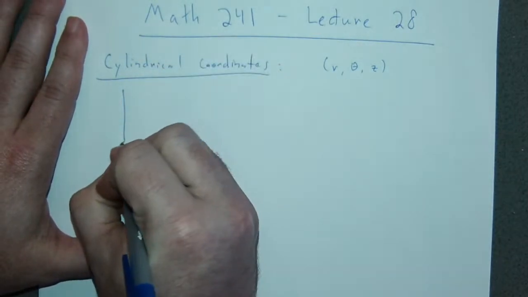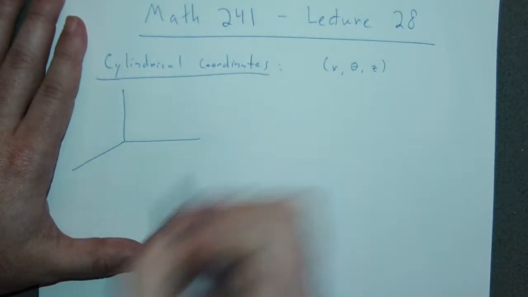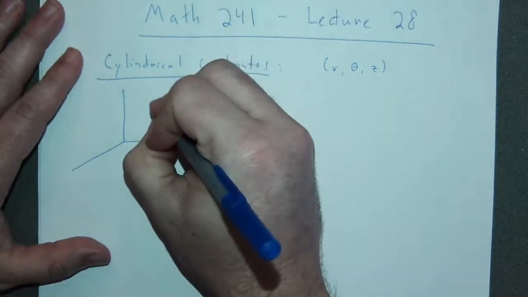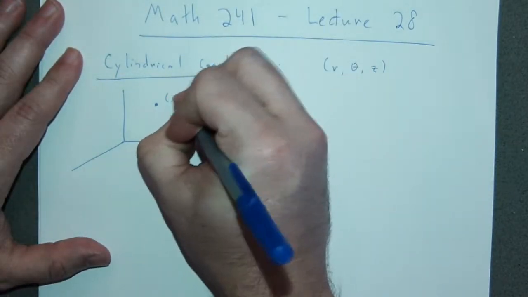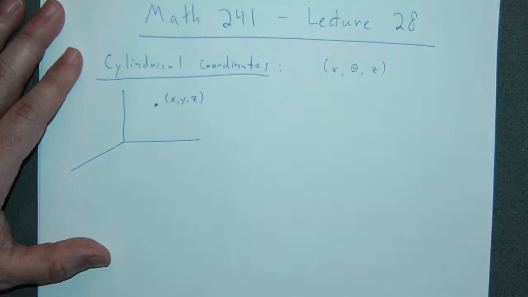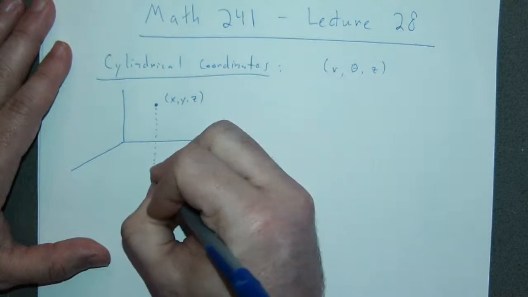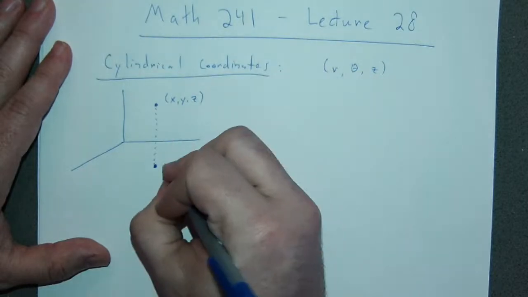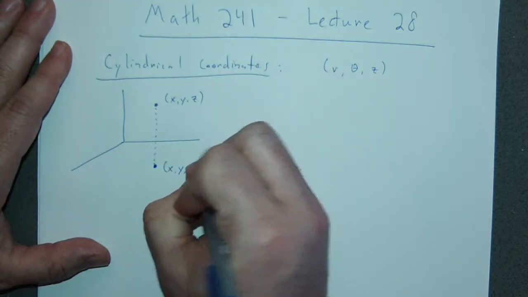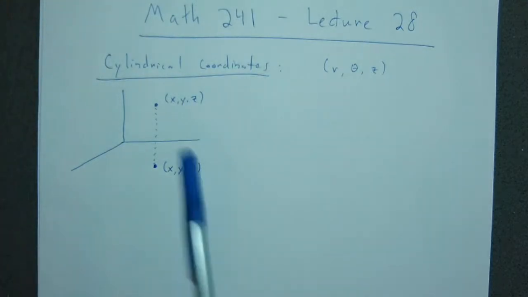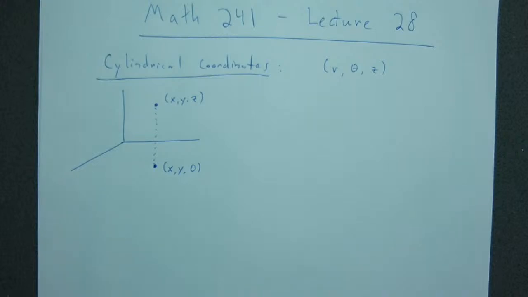maybe I'll replicate it real quick. To describe a point xyz in space, we project this point down to the corresponding point xy0 on the xy plane. We're essentially ignoring the z component here by zeroing it out.